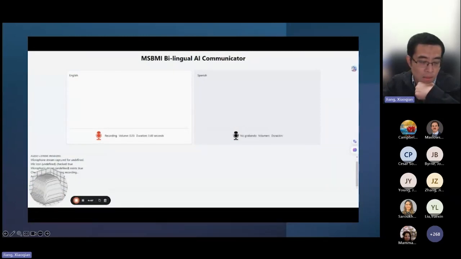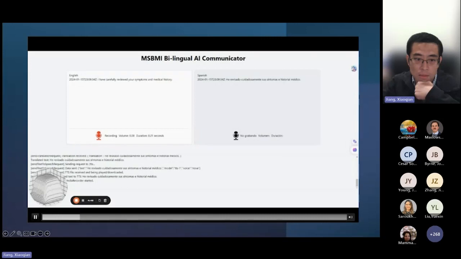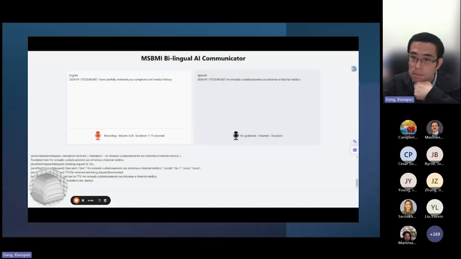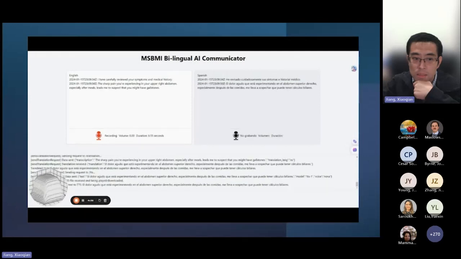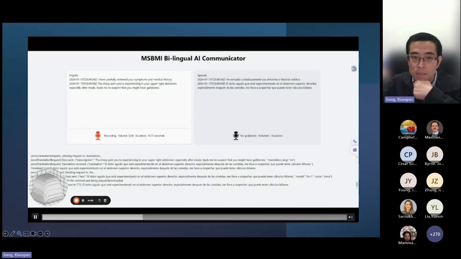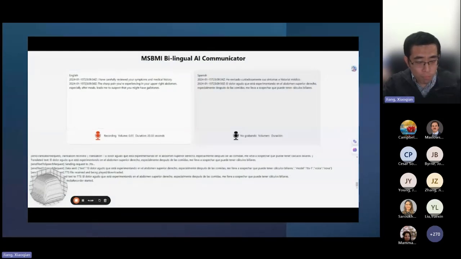I have carefully reviewed your symptoms and medical history. The sharp pain you're experiencing in your upper right abdomen, especially after meals, leads me to suspect that you might have gallstones. These are small, hard deposits that form in the gallbladder and can cause significant discomfort.